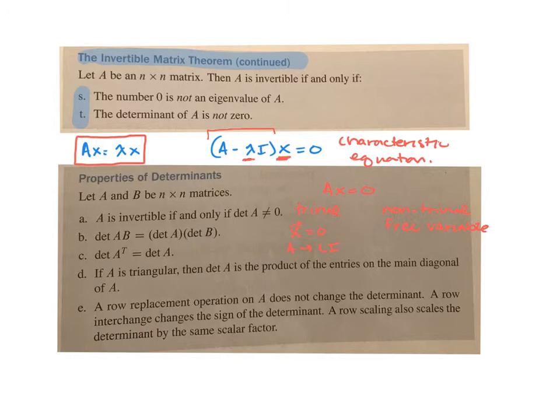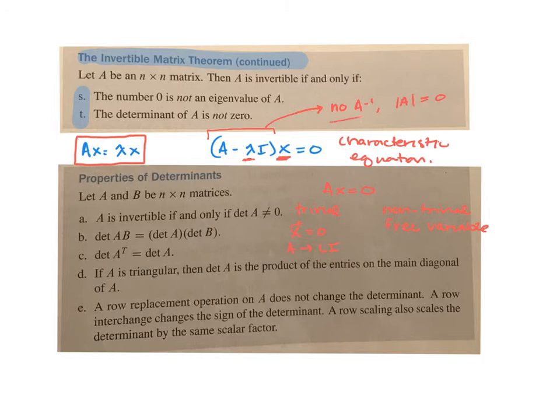If we want something that's linearly dependent, then we also want the determinant of A to be 0.